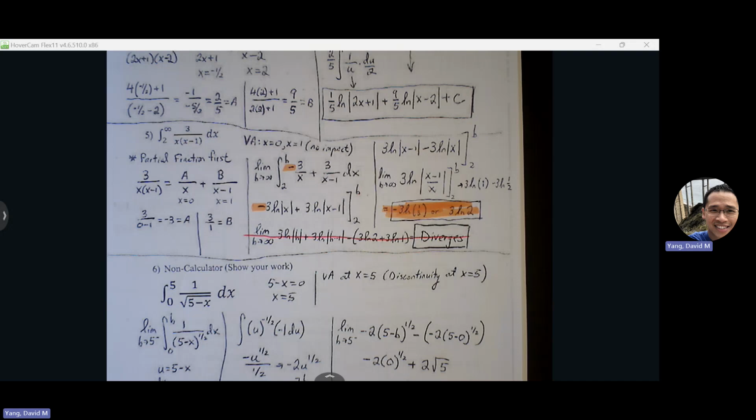This becomes 3 natural log of 1/2. This is fine. Negative 3 natural log of 1/2. But we could go a little further and make it 3 natural log of 2 to the negative 1 and bring that down as 3 natural log of 2. I just want to show this to you because if this is multiple choice on the AP exam, they'll probably more likely show it in this form rather than this. But for free response, this is fine.